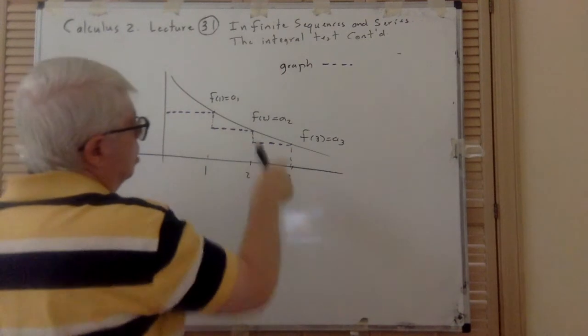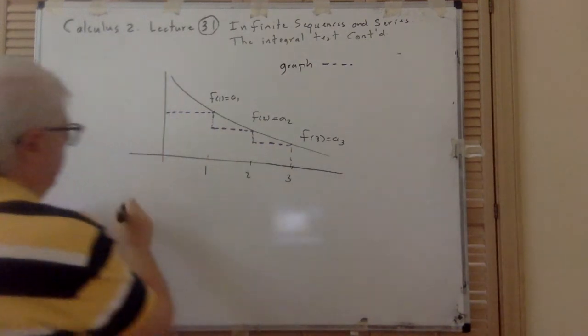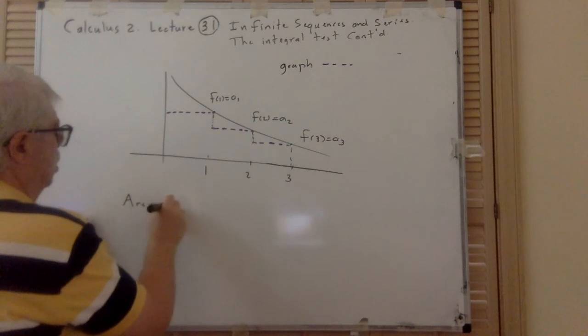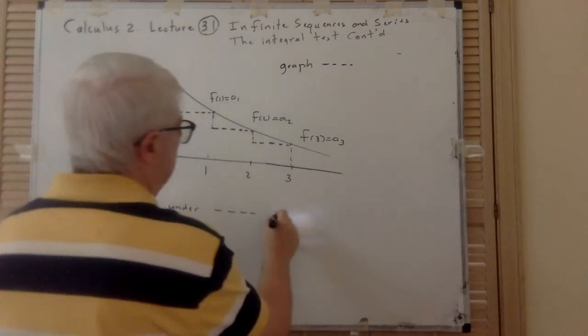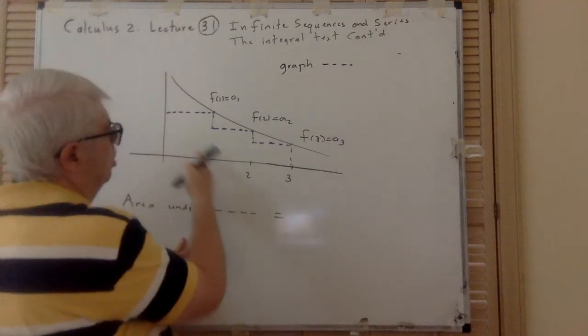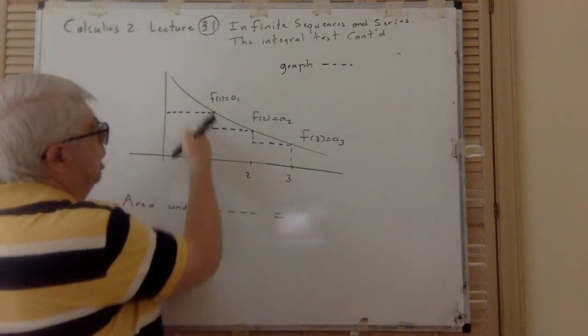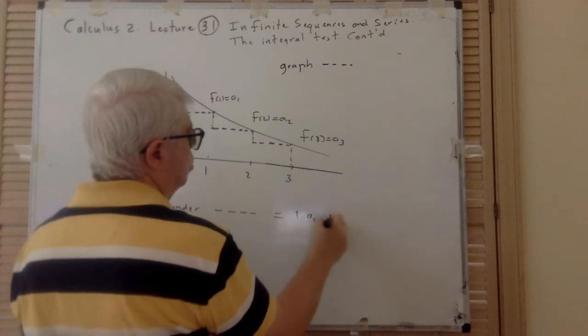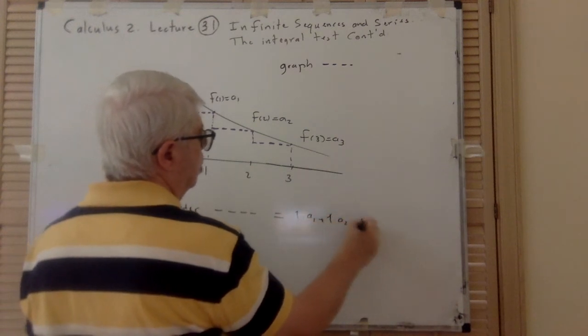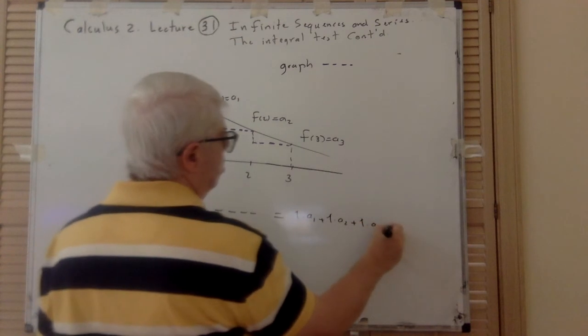The area under this graph is 1 times a1 plus 1 times a2 plus 1 times a3 plus and so on.